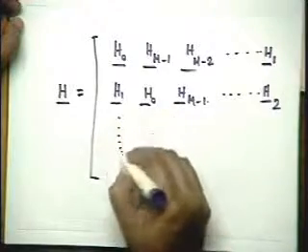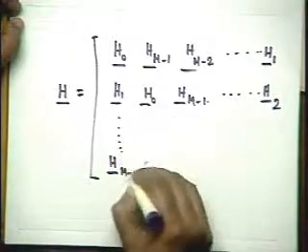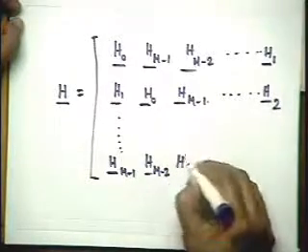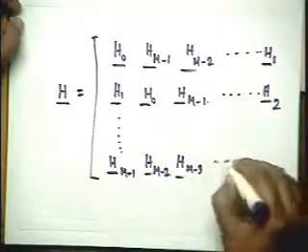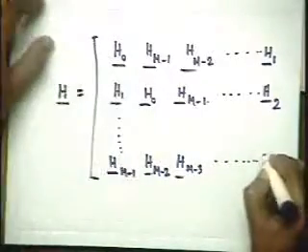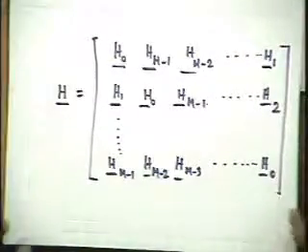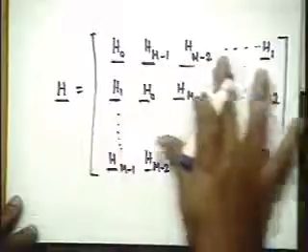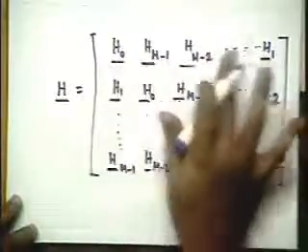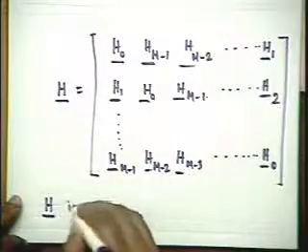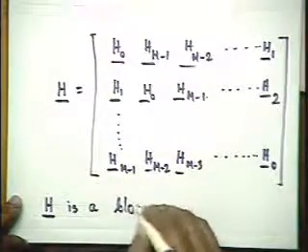And the last row is H(m-1), H(m-2), H(m-3), etc. up to H0. Okay, so it has become a block matrix, and again you see that the indices of the elements of this block matrix are again having a circular shift. So matrix H now is a block circulant matrix.